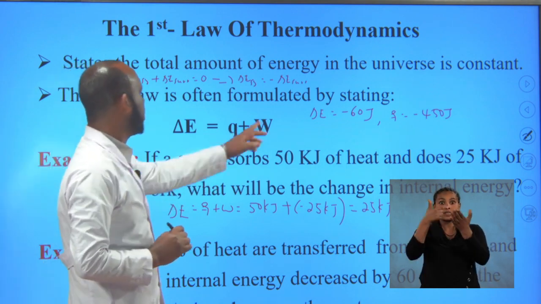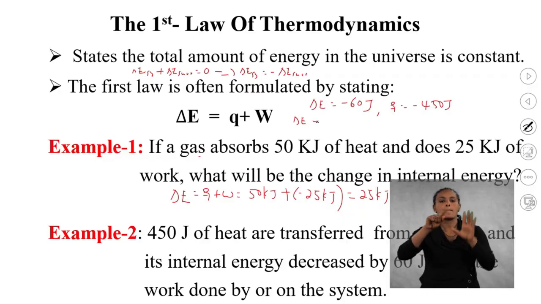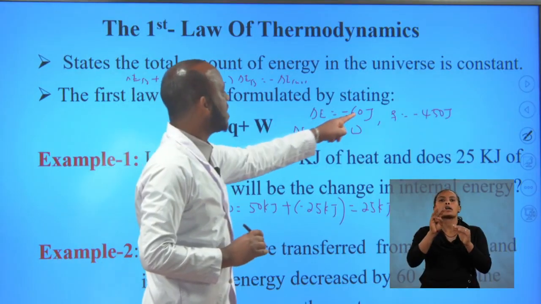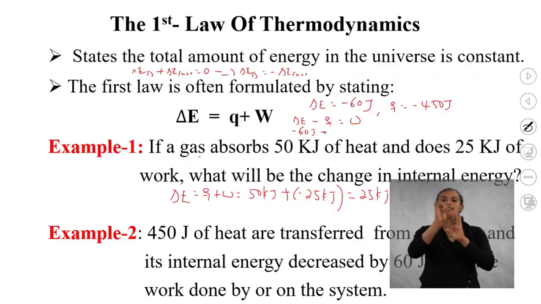From this, W equals delta E minus Q. Delta E is minus 60 joule, minus Q, which is minus 450 joule. Minus minus becomes plus 450 joule.